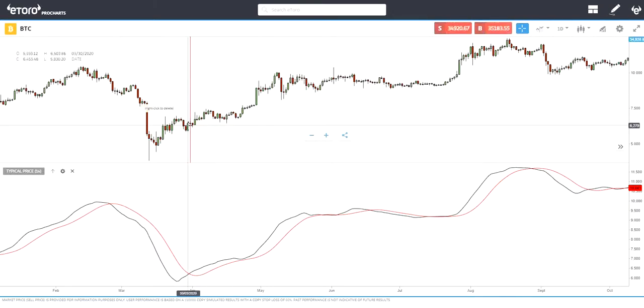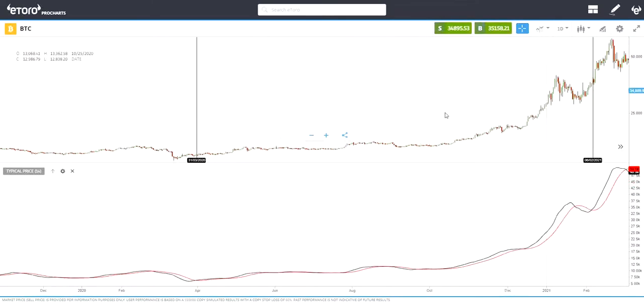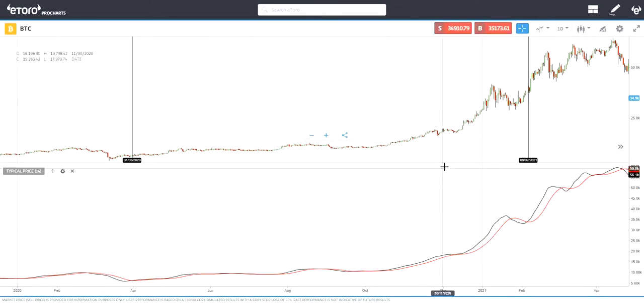The price was 6,000-ish, then you could have closed some here at around 9K, then buy some here, just keep it, and then it goes to a nice buy here and goes all the way up to 34.